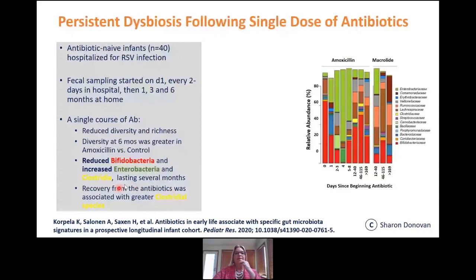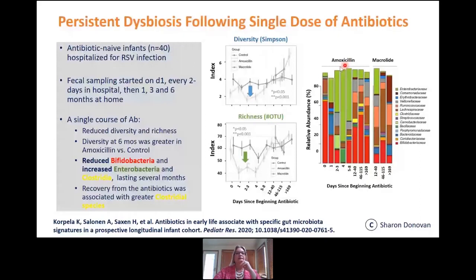So then looking at antibiotic exposure directly to the child, this was a study where they took antibiotic-naive infants who were hospitalized for RSV. They were given either amoxicillin or a macrolide, and they sampled in the hospital but also followed out at 1, 3, and 6 months. You can see a single course of antibiotic reduced both diversity and richness.